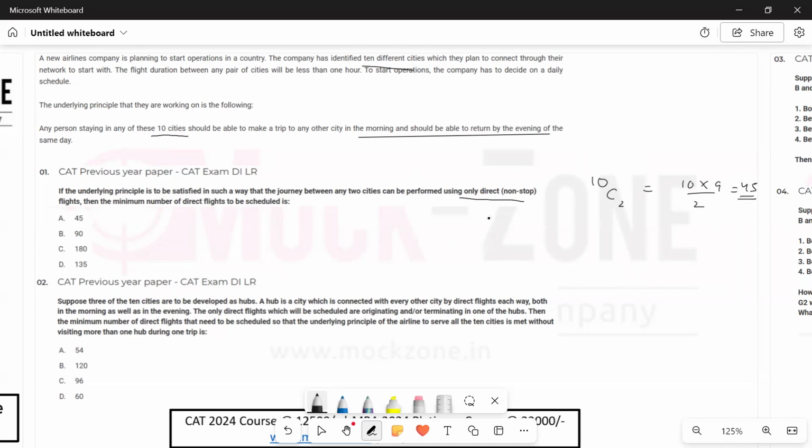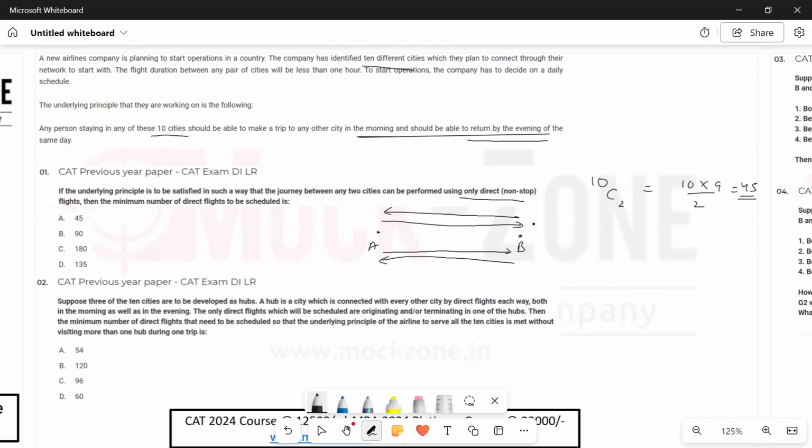And between two cities, let's say city A and city B, how many flights need to be scheduled? We know that the person should be able to go between the cities in the morning and should be able to return by the evening. So in the morning schedule, there will be one flight from A to B and one flight from B to A. And in the evening also, there will be one flight from A to B and one flight back from B to A. This should be the schedule in a day.